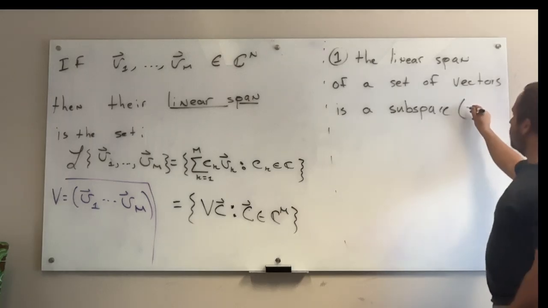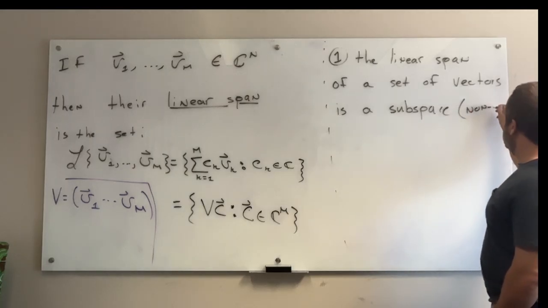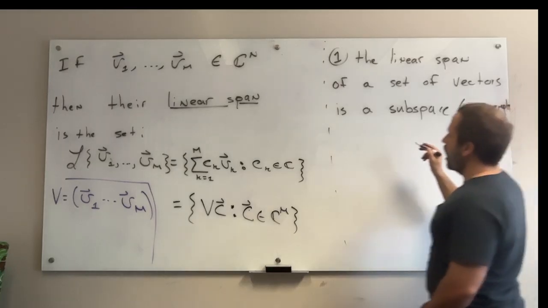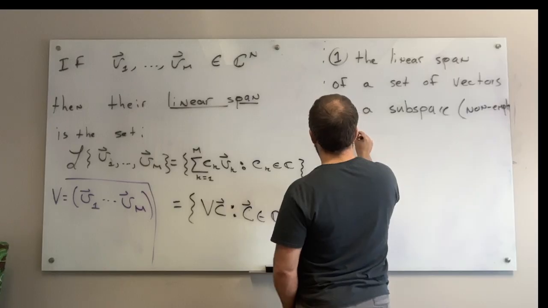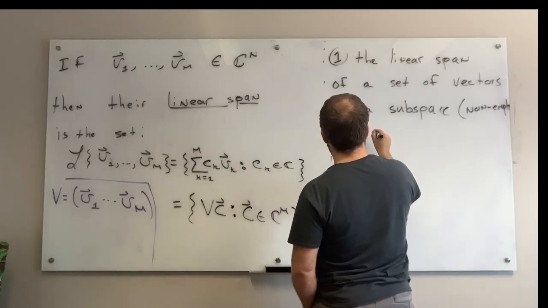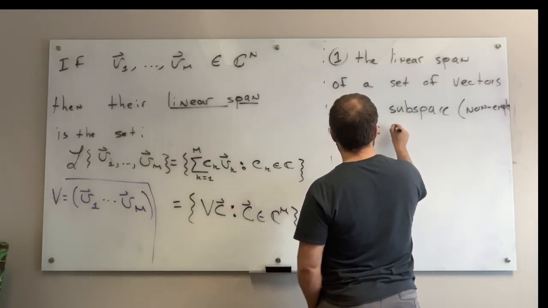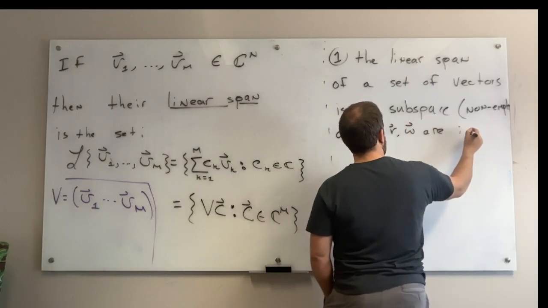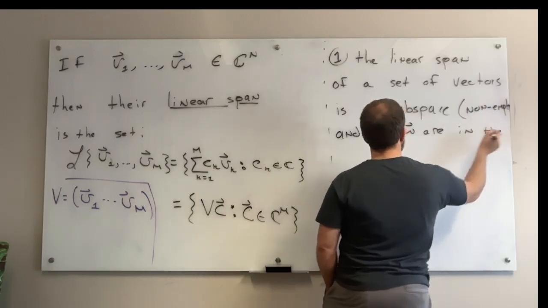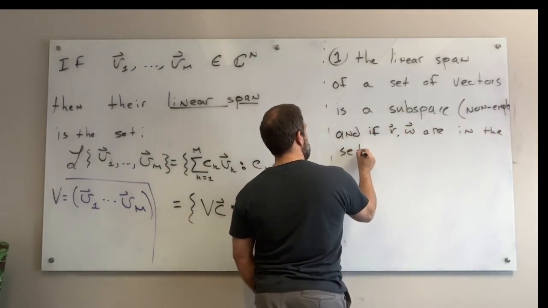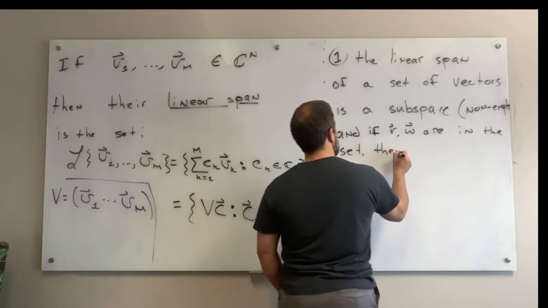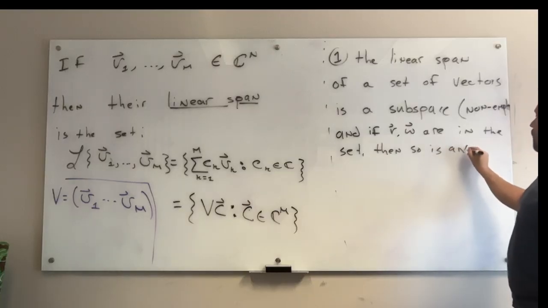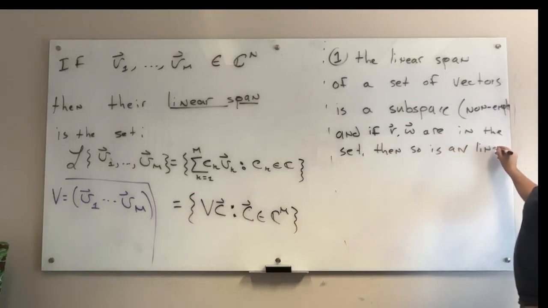This is a non-empty set, and if v and w are in the set, then so is any linear combination of them.